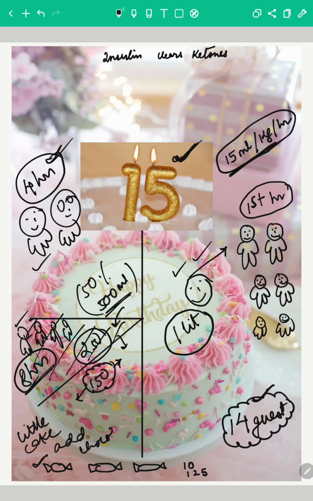And what is this chocolate? This is dextrose. So when the blood glucose drops to less than 14 millimoles per liter, we will add chocolates.